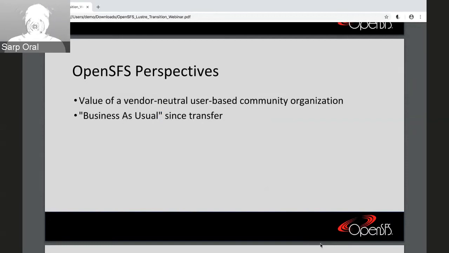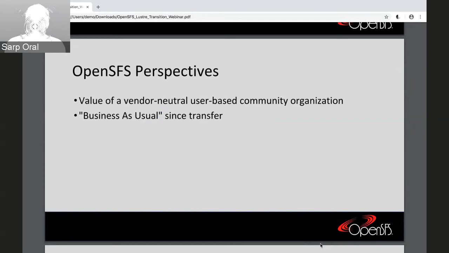This is us working together to keep Lustre alive, keep Lustre healthy, and make sure Lustre is fitting our needs today, and will be viable to fit our needs for tomorrow. We are trying to do this in a vendor-neutral, user-driven, user-controlled form.